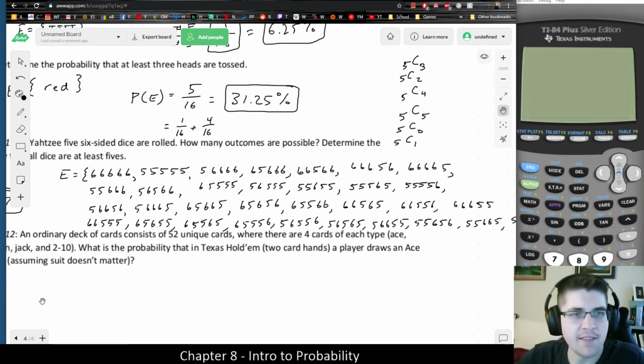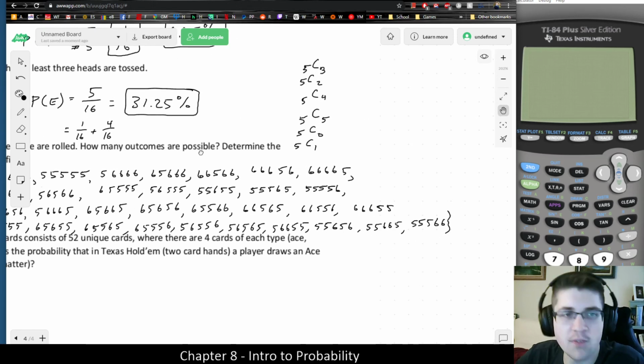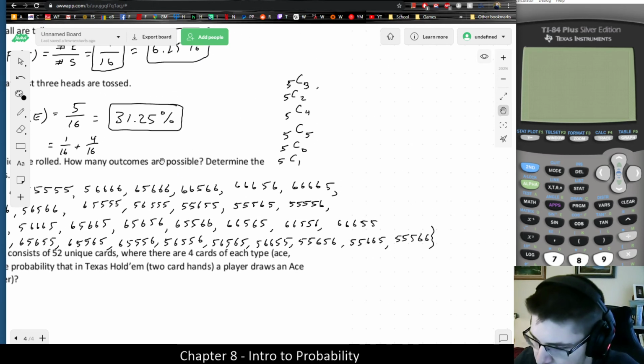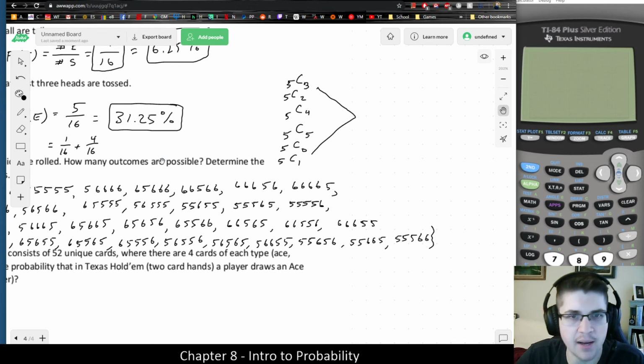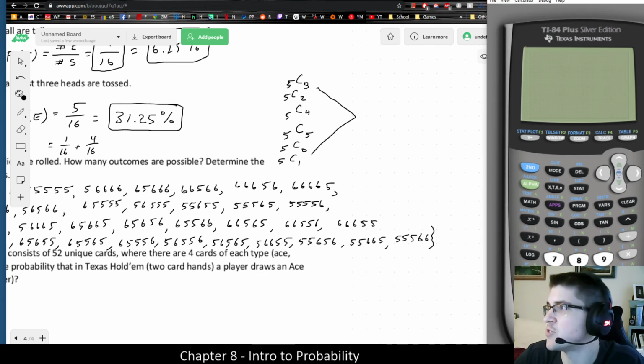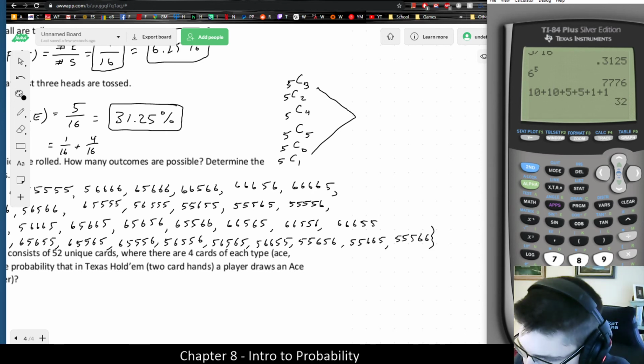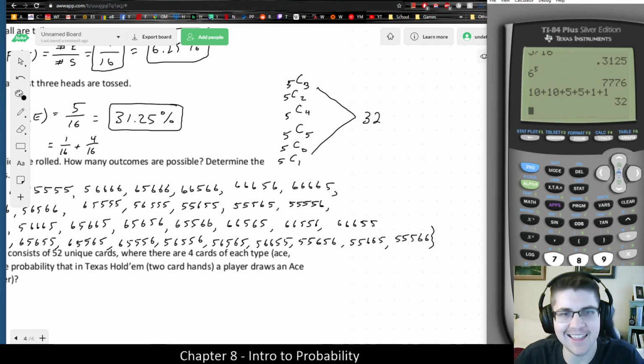But anyways, that amounts to the sum of all of those combinations, which is 2 to the 5th power. So if I just add all those up, that was 10 plus 10 plus 5 plus 5 plus 1 plus 1. That would be 32 outcomes, a number that is quite simple, which is not exactly a coincidence.